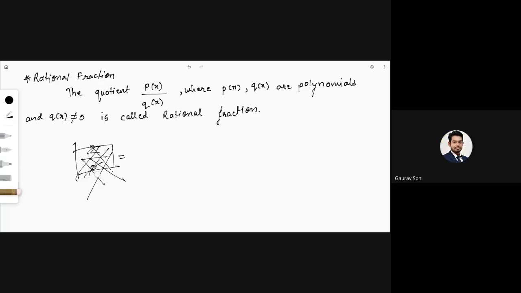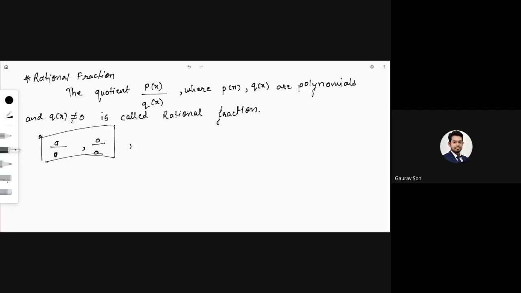So 0 into anything will never be equal to 2. It will always become 0. Yes, sir. The equation where 0 becomes the denominator is not defined. So all these forms, say a upon 0, 0 upon 0, these kinds of equations are not at all defined.